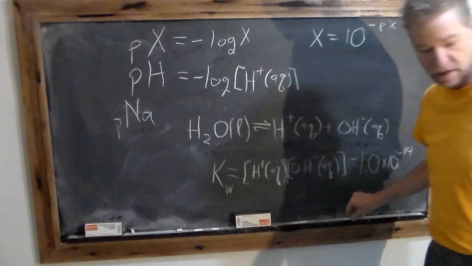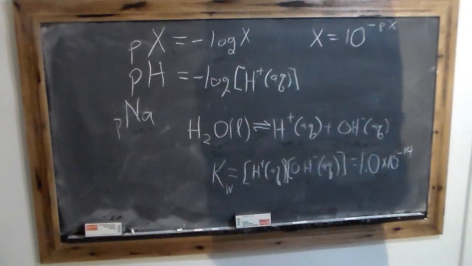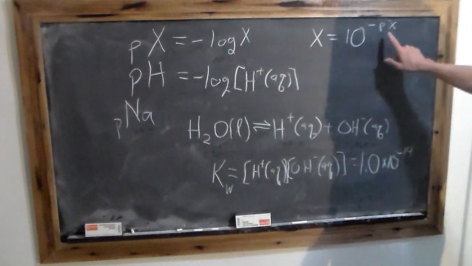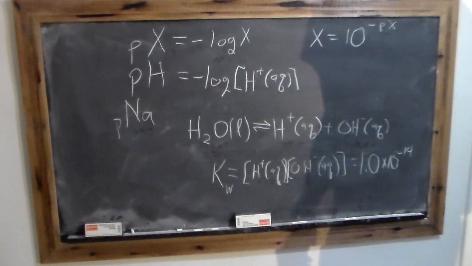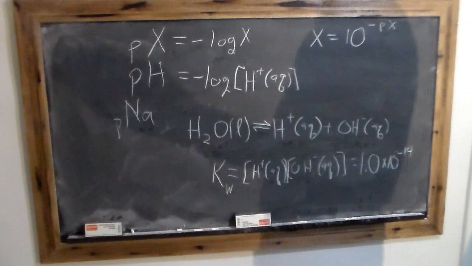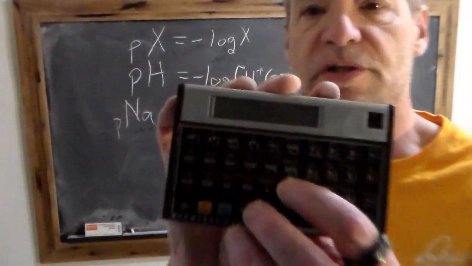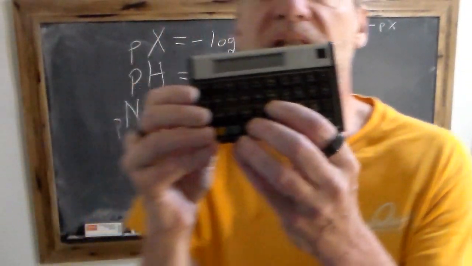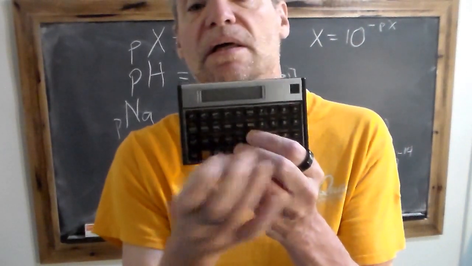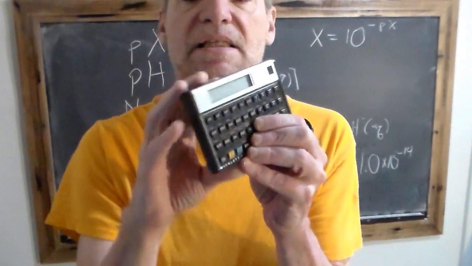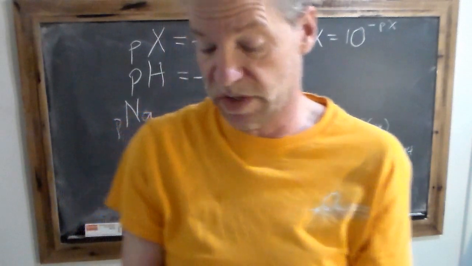Now be a little careful here, because this is not scientific notation. My calculator's scientific notation key is this little key right here. It's EE. That's the key that you press for scientific notation.